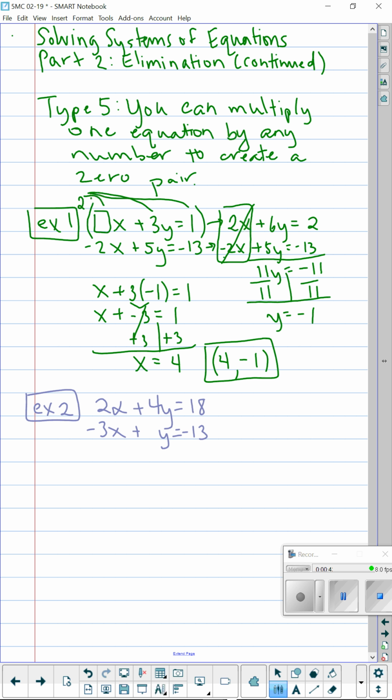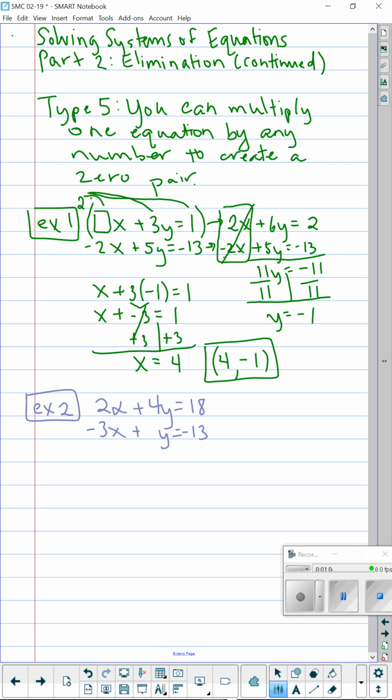So once again, we look to see which type we have. We don't have anything that starts x equals or y equals, so we know it's not type 1 or type 2. I don't have a zero pair already in the x's or the y's. And the x's or the y's are not exactly the same, so I know it's not type 3 or type 4.